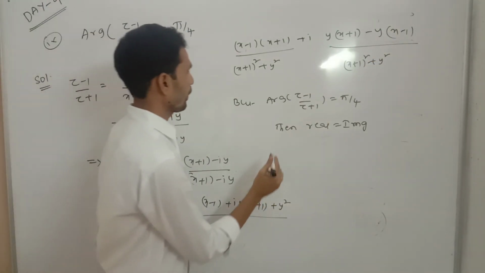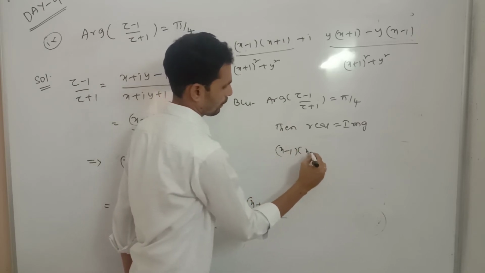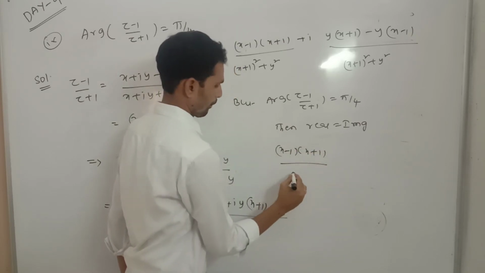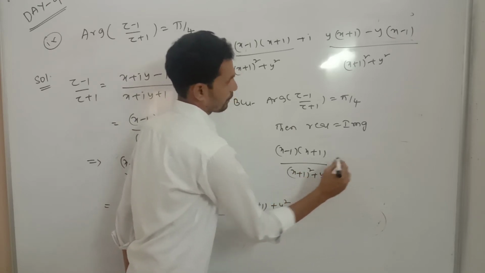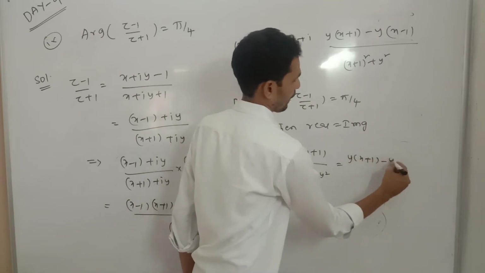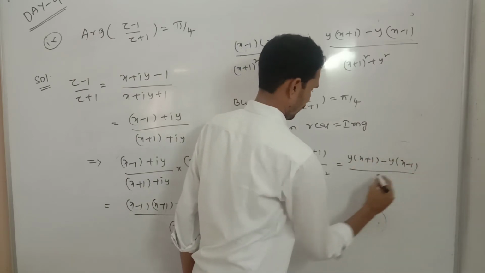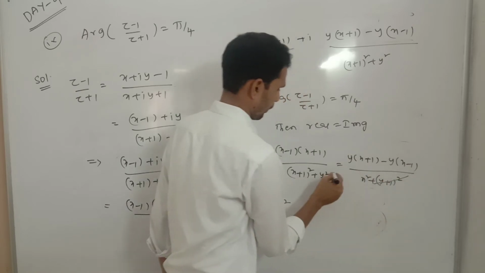So x minus 1 into x plus 1 by x plus 1 whole square plus y square is equal to y of x plus 1 minus y of x minus 1 by x plus 1 whole square plus y square. Both are equal, so the denominators cancel.